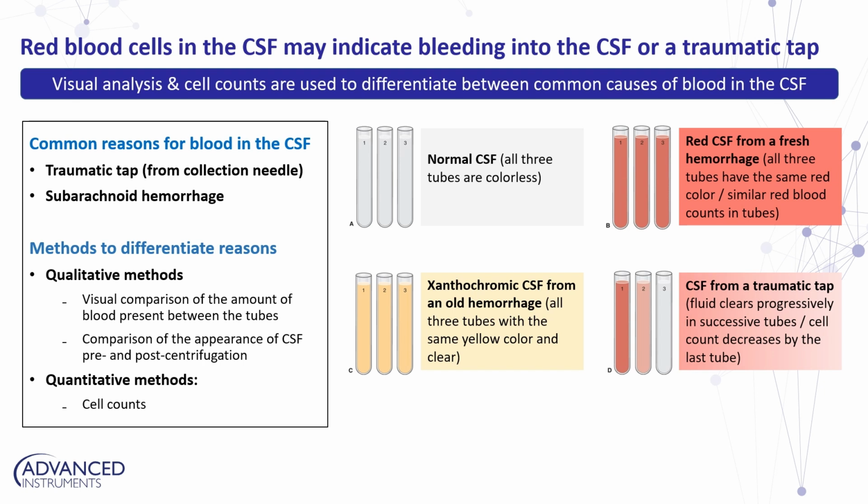In example D, we see the red coloration in tube 1 progressively fade away as more CSF is collected through tube 3, indicating the likelihood of a traumatic tap.